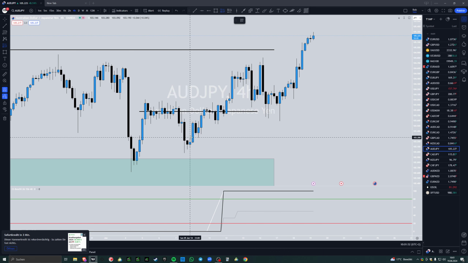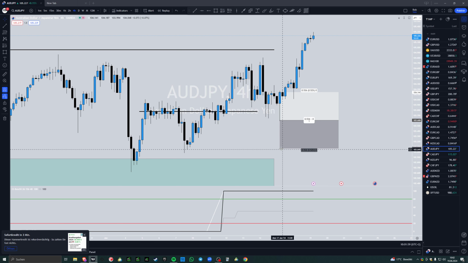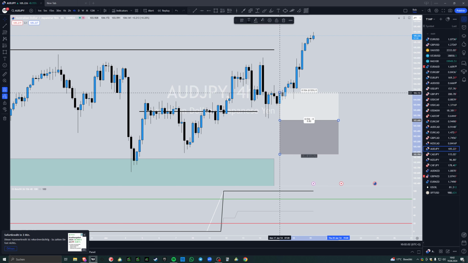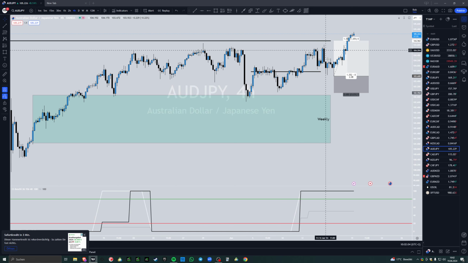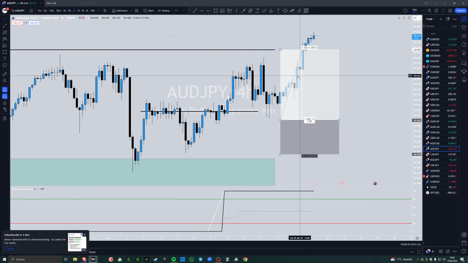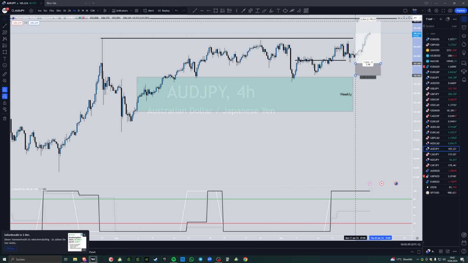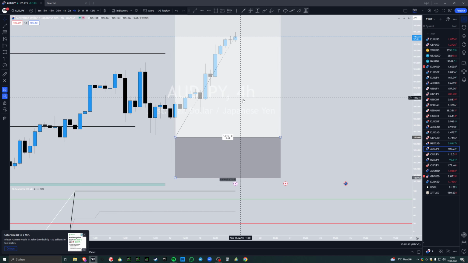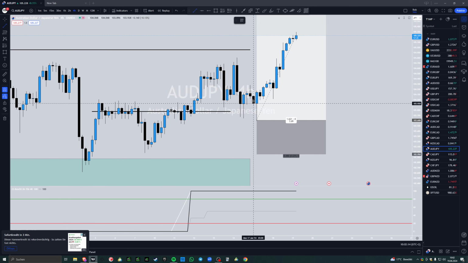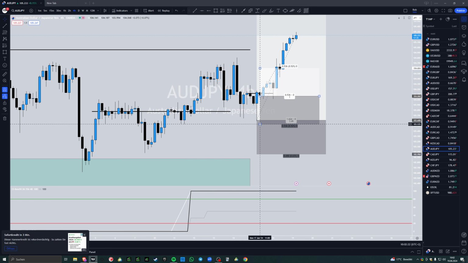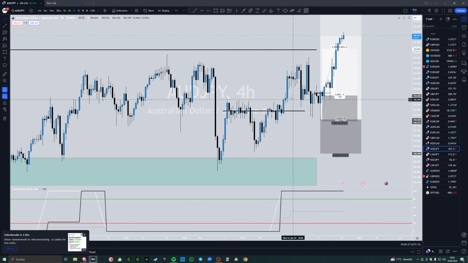Price is all efficient here. No, nothing. So you can do this, target this, and then the weekly level up here. So that's a nice trade. Or you can go for the internal. That's another nice trade.